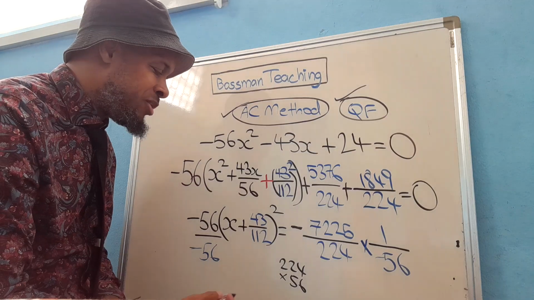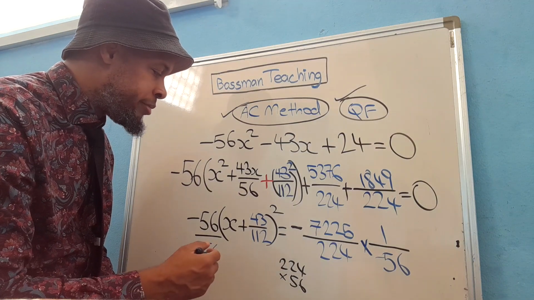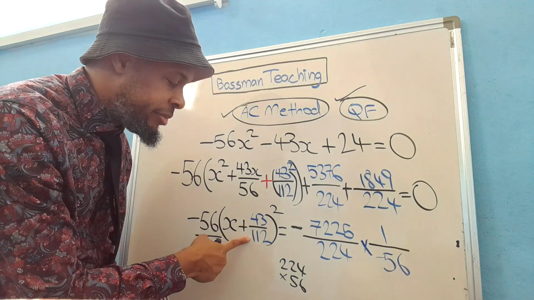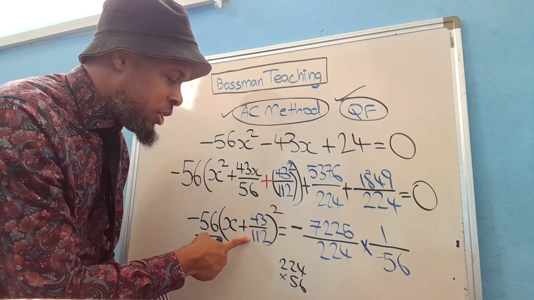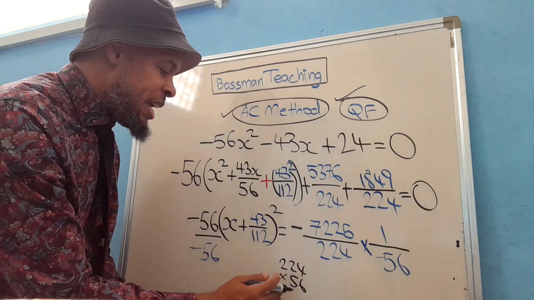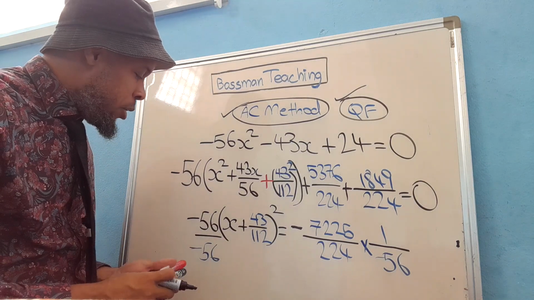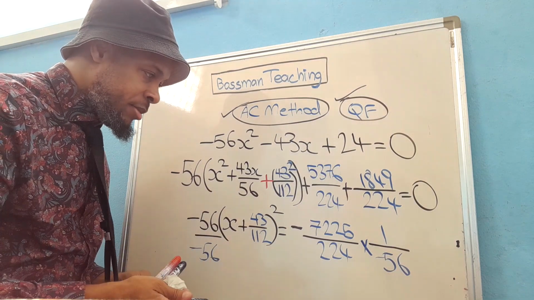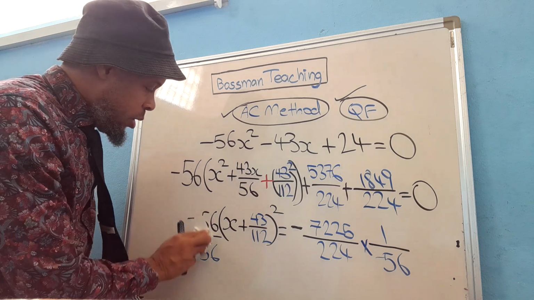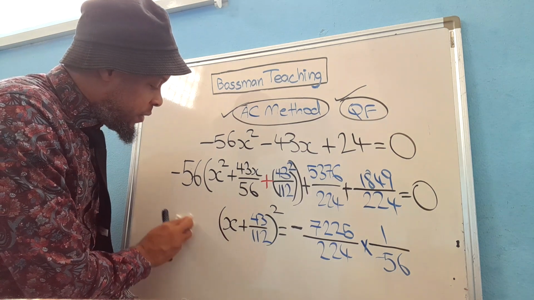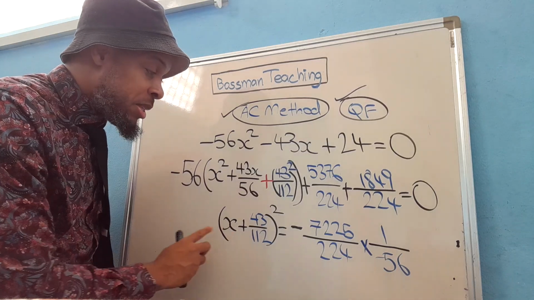I mean, just to make it very simple, just square the 112. If you square the 112, it must give you that anyway. Right? So anyhow, let me rub out this. Rub out that. Minus 56 divided by minus 56, that's going to give you a 1 times that.